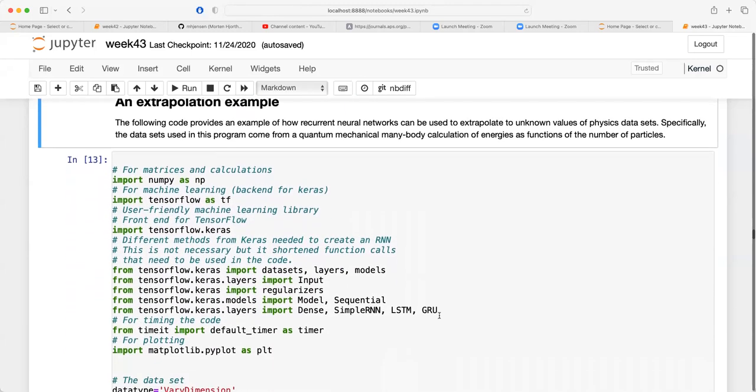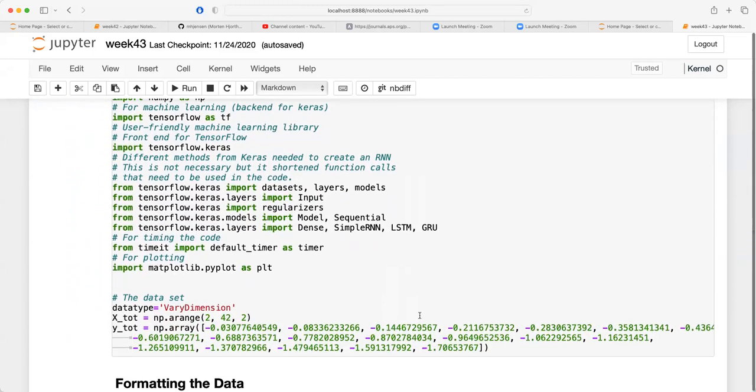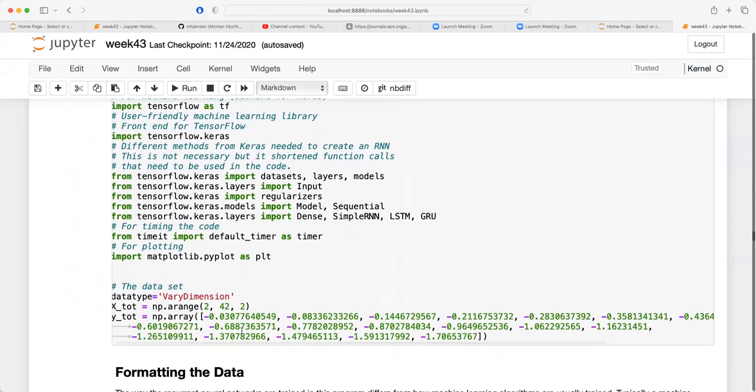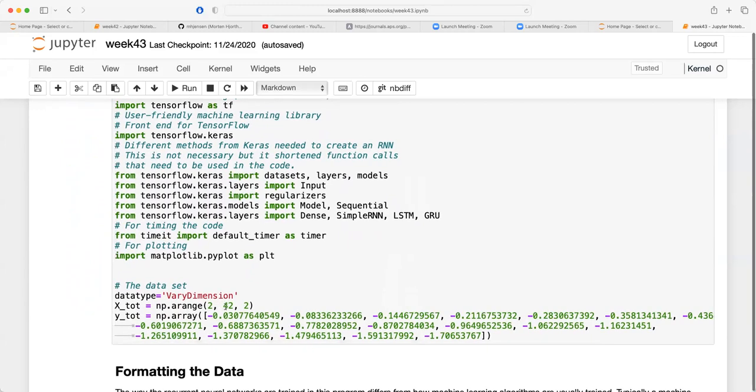I have a data set, my training data set, which goes from x equals 2 to 42 in steps of 2. It's actually the calculation of quantum mechanical energies, with 42 particles, and the last points are very expensive computationally.